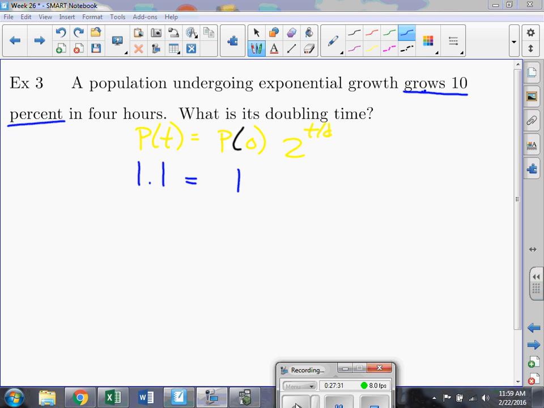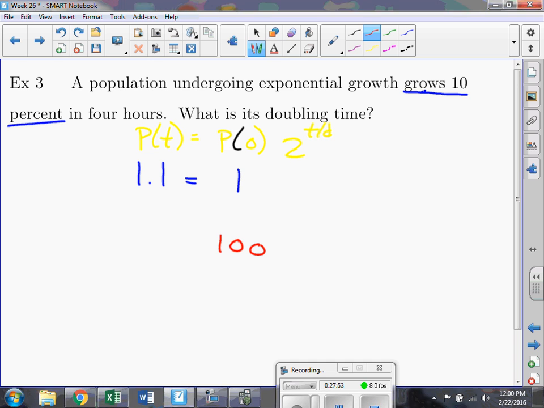Sometimes when we're working with percents like this, some students get confused by it. One other component you can do, if this stuff that I just said doesn't make sense, make up an initial population. They didn't tell us how many were there originally. So let's just say originally it was 100.